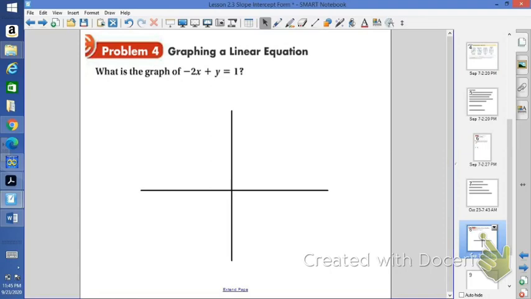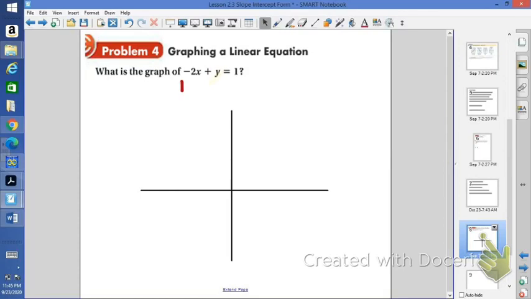Alright, so here, what is the graph of negative 2x plus y equaling 1? So our first step is to put this in slope-intercept form. It is not in slope-intercept form right now. We have to solve for y. We've got to isolate y. So in order to do that, we have to move the negative 2x.